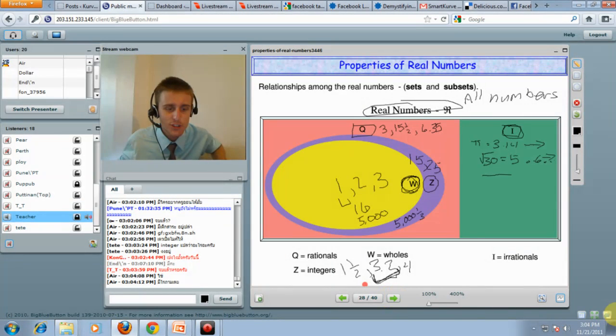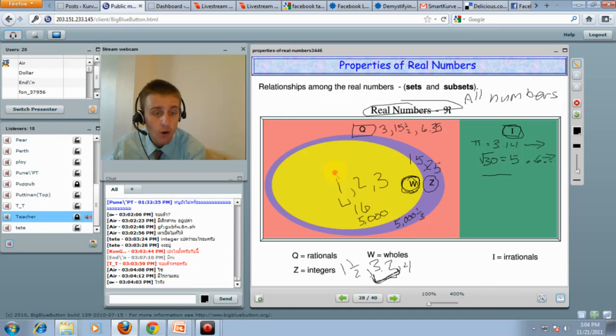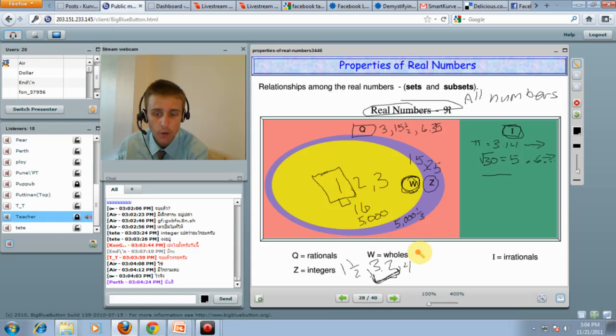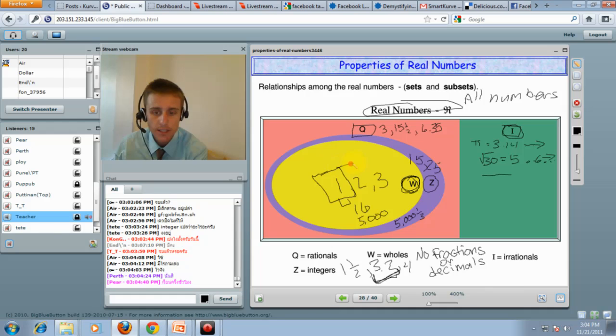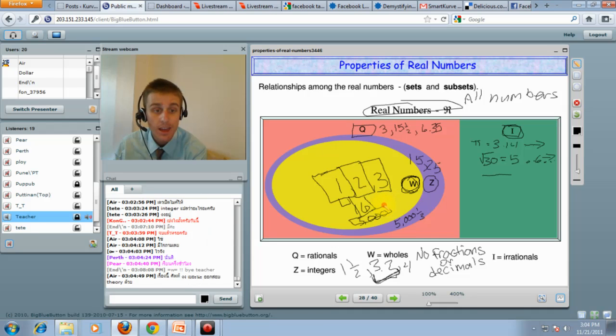Okay, again, we're going to briefly go over whole numbers versus integers. A whole number is a complete number with no fractions or decimals attached to it. So a whole number, no fractions or decimals. All of these numbers listed are whole numbers: 1, 2, 3, 16, 5,000. Whole numbers.